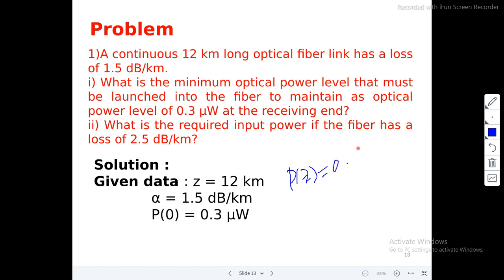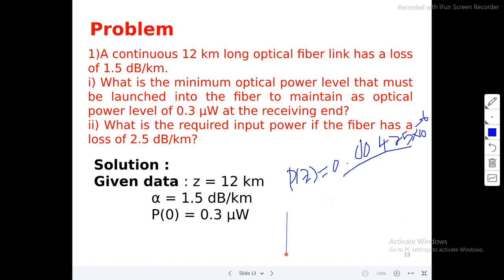0.0047, 0 0 4 5, sorry, 475 into 10 to the power of minus 6. So here the 0 value will be cancelled by taking another 1000. By taking the 1000, the value becomes 10 to the power of minus 9.